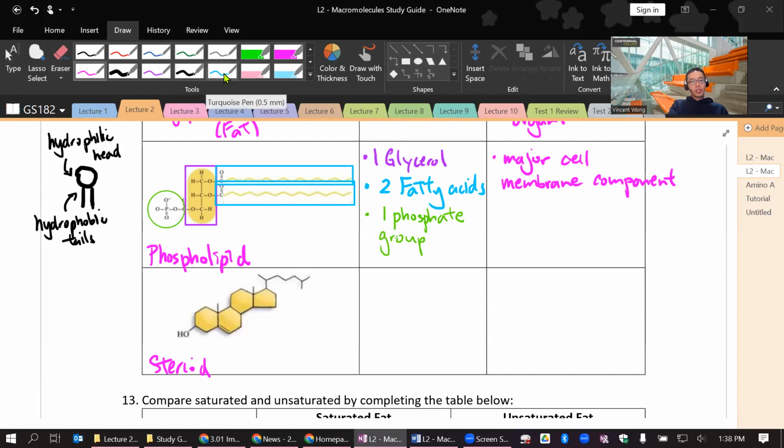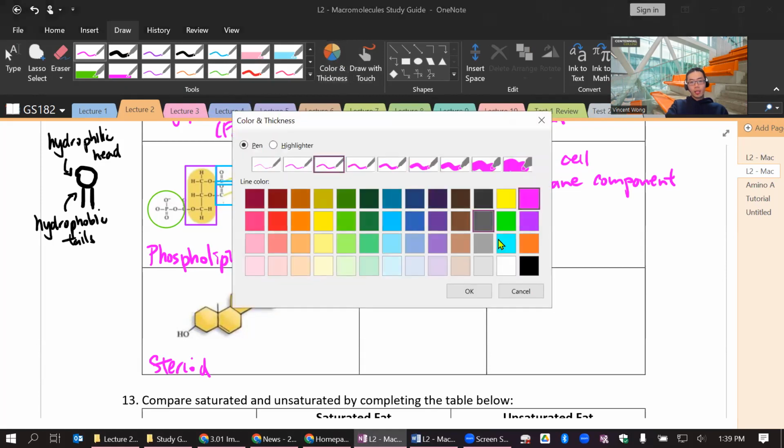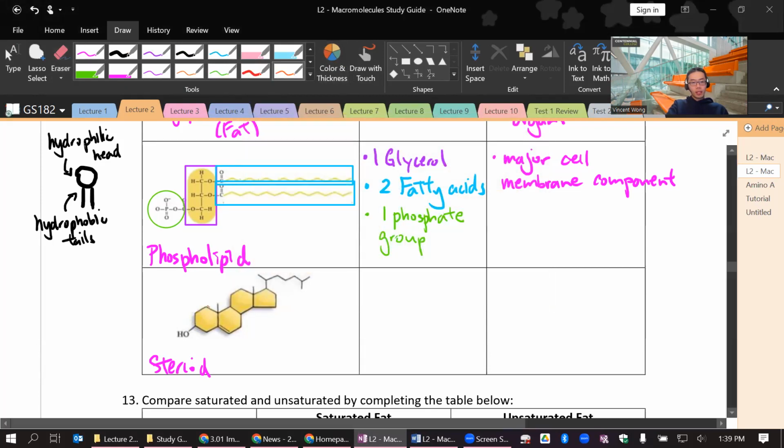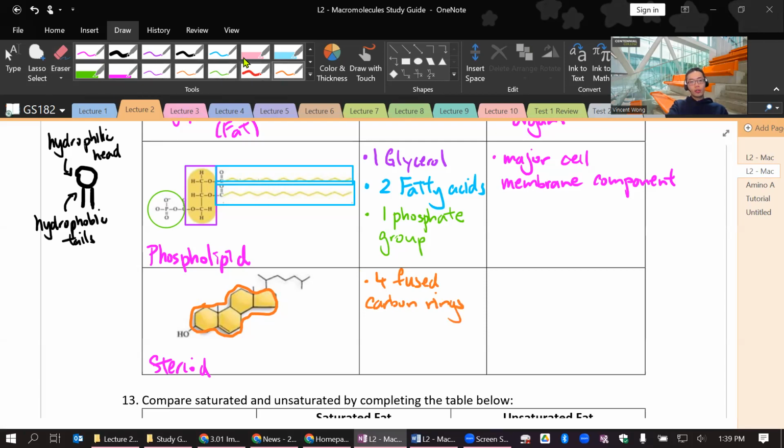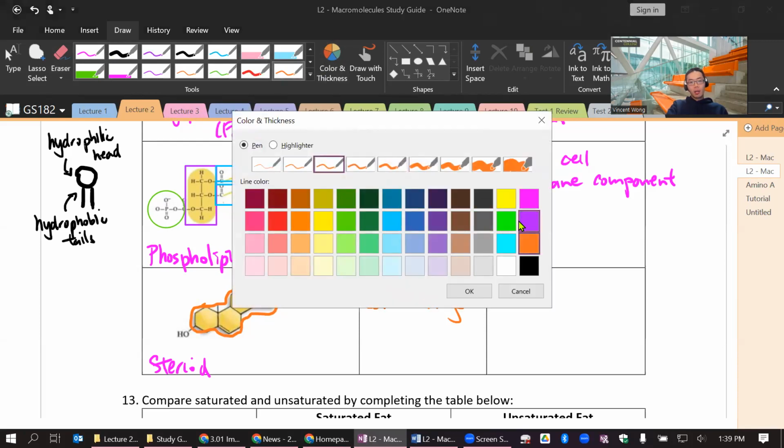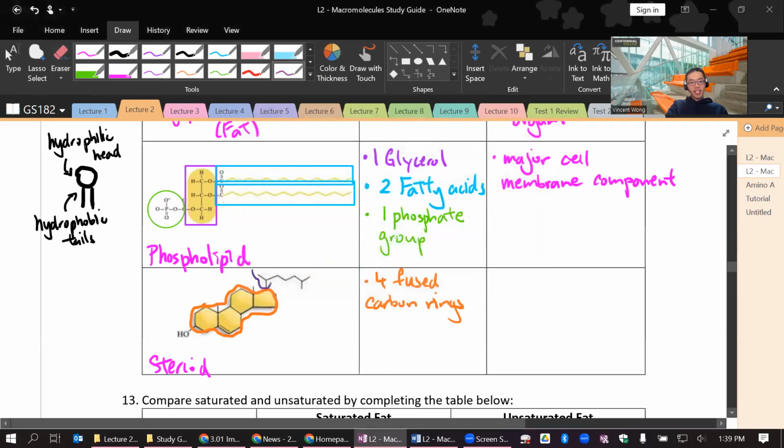And for steroid, the components, let's use a color that we haven't used yet, maybe orange. The components include these carbon rings. So we have 4 fused, which means they're stuck together, carbon rings. And that's the core structure. And on top of the carbon rings, you are going to have some of these accessories.